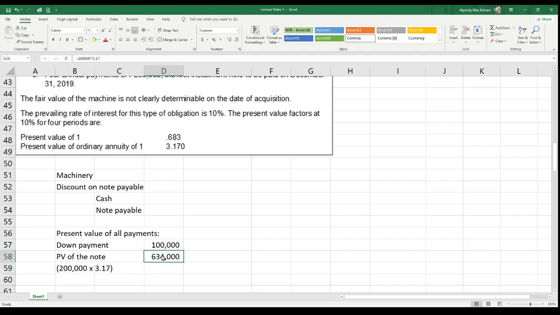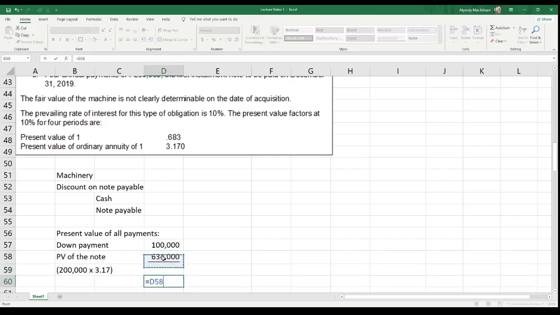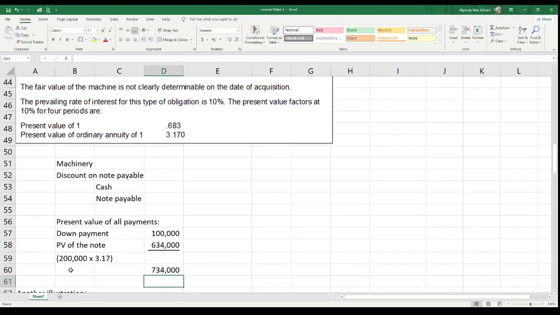Okay, so that's it. And then we will get the total amount: 100,000 plus 634,000, then this is now the present value of all payments or the cost of the machinery. So that is now 734,000. So debit 734,000.